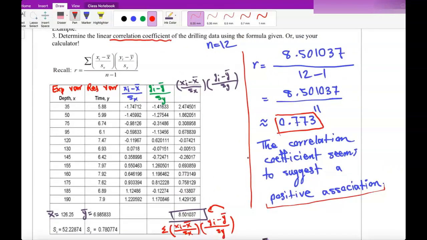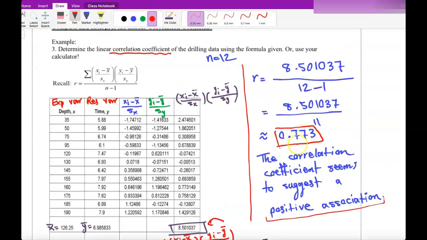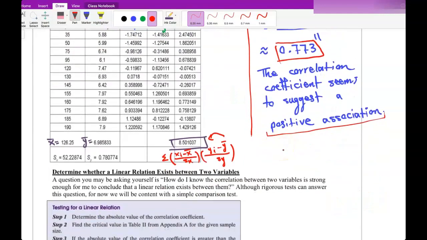Okay, we finished this one. So R, or the correlation coefficient, is approximately equal to 0.773, and that is positive.